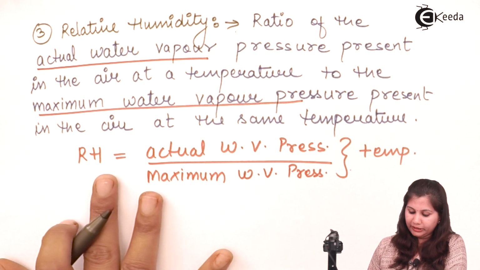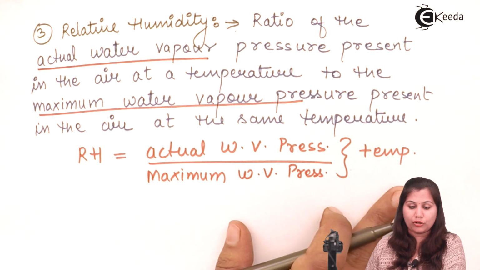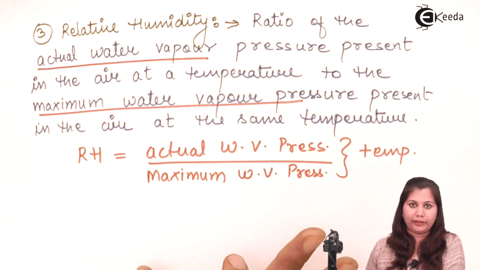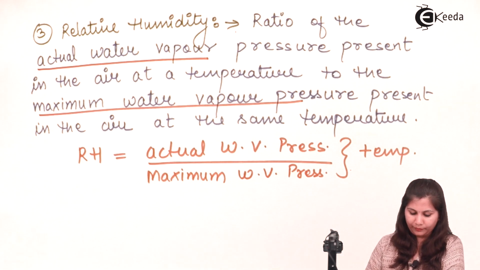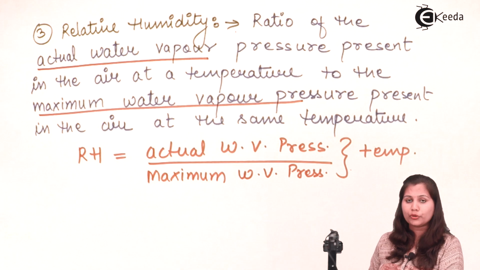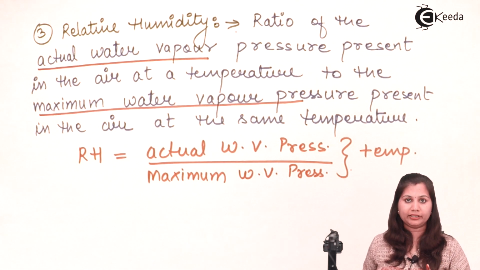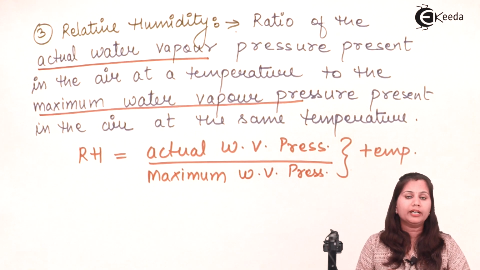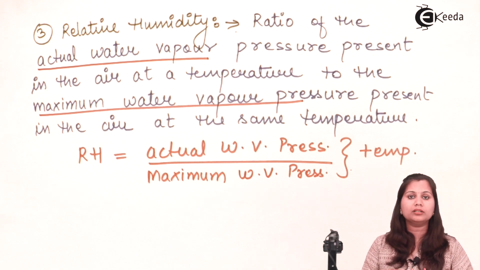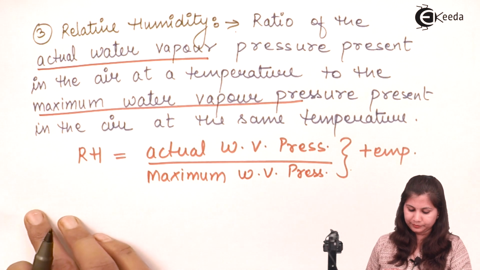So relative humidity changes with temperature also, and it depends on temperature. Okay. So whenever we are doing the measurements of humidity or defining the humidity, we talk about the relative humidity of the air. Okay.